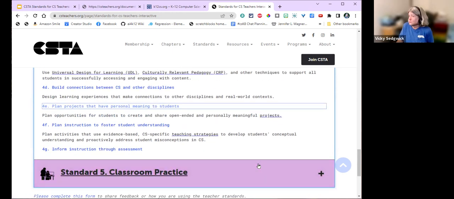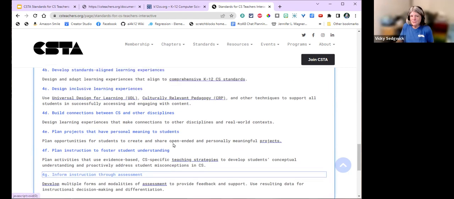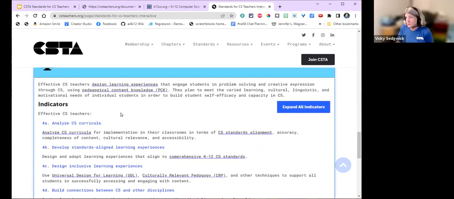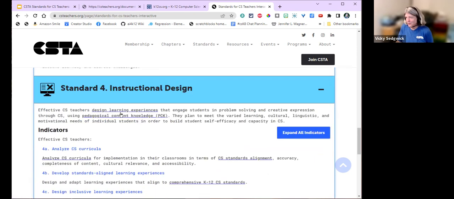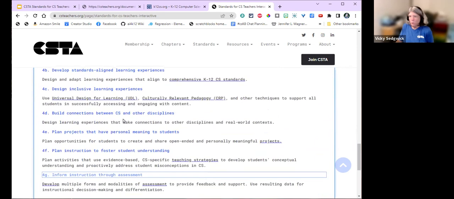Planning projects for the students to do. Planning instructions so that we're fostering their understanding, using that data, getting that feedback, and then looking at your assessments to inform your instruction. So a lot of these are just good teaching, right? You've heard very similar things no matter what subjects you teach.